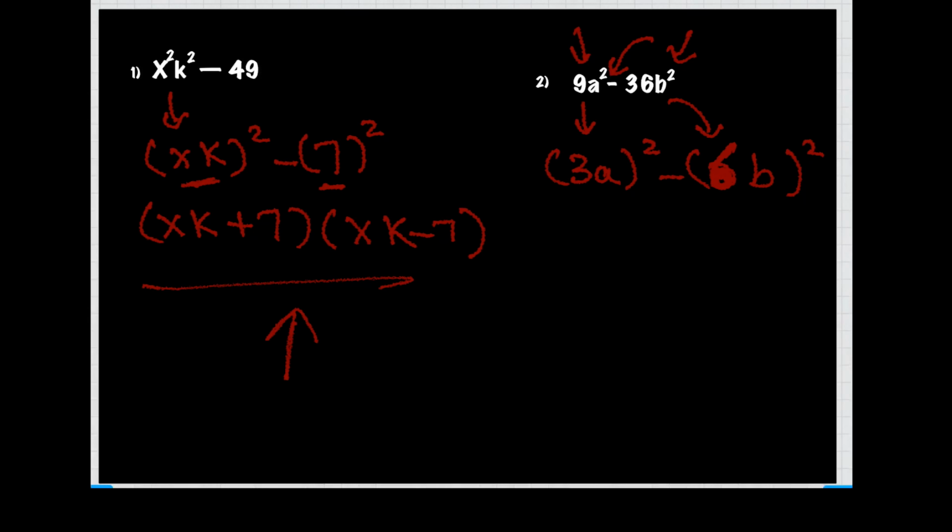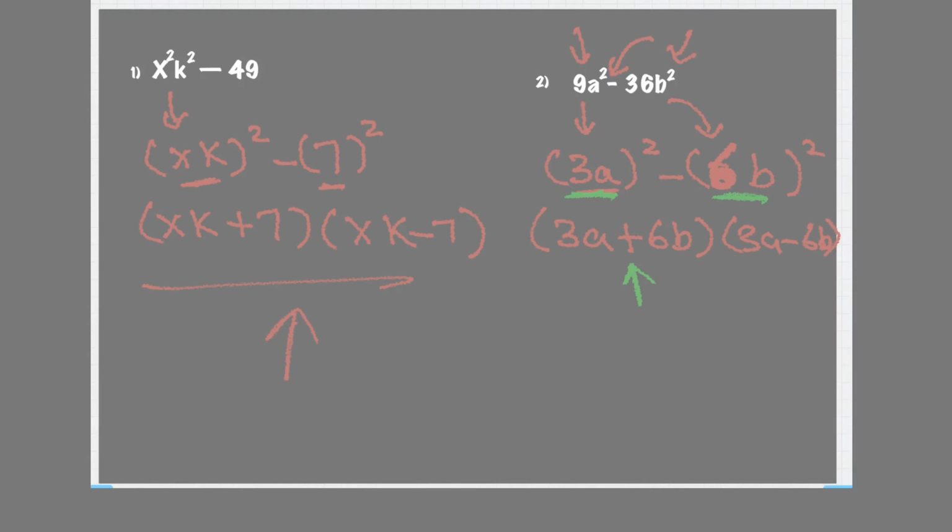Both are squares, and with a negative sign I can then, as the next step, write 3a plus 6b and 3a minus 6b. Easy peasy. That allows me to write both these terms once with the plus sign and once with the minus sign.